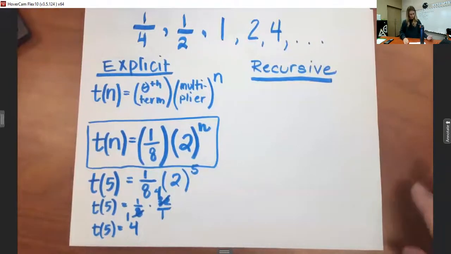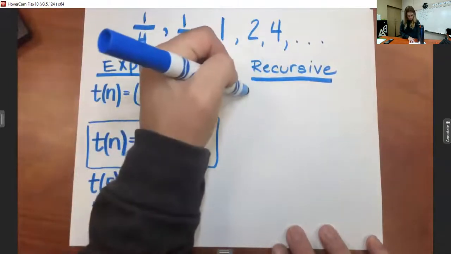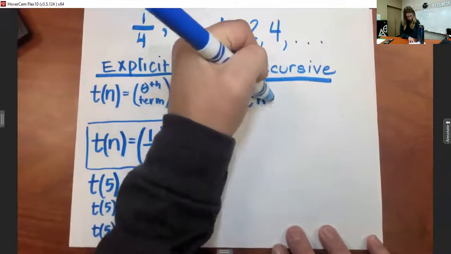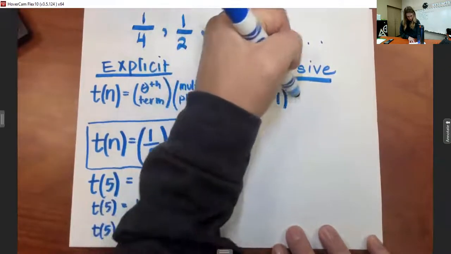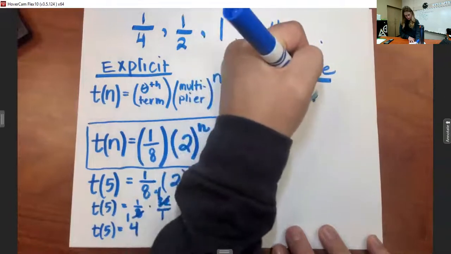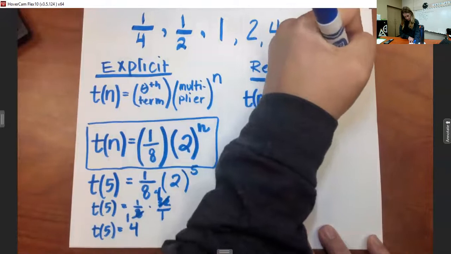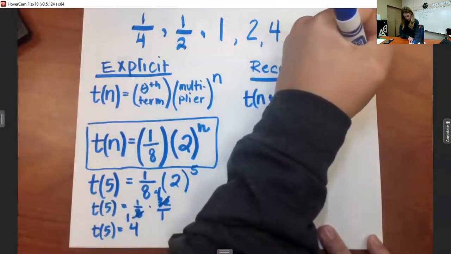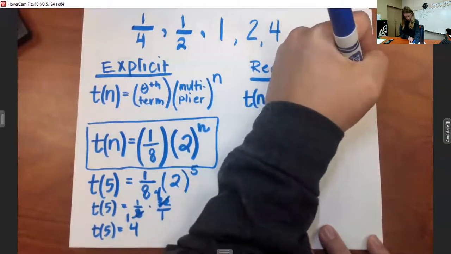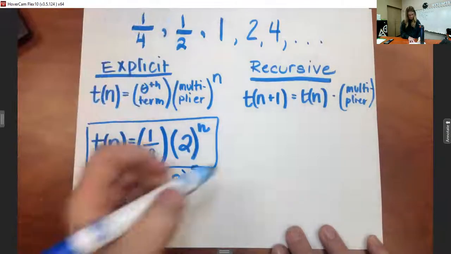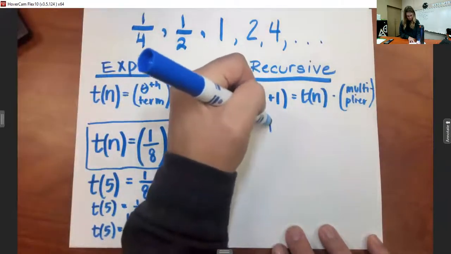The recursive would be in the form T of n plus 1 equals T of n times the multiplier. And then you have to give a little piece of info.